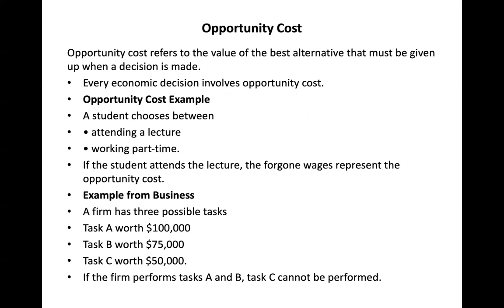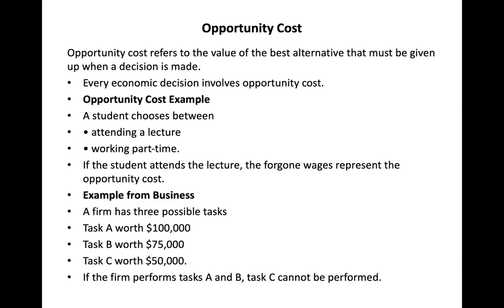Yes. So you are saying that the value of the task C becomes the opportunity cost. Because he couldn't perform that task, he needed to perform only two tasks at the same time.